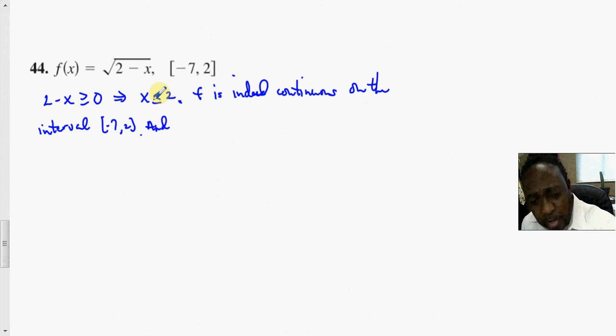And may we add that f is here also differentiable on the open interval from -7 to 2.